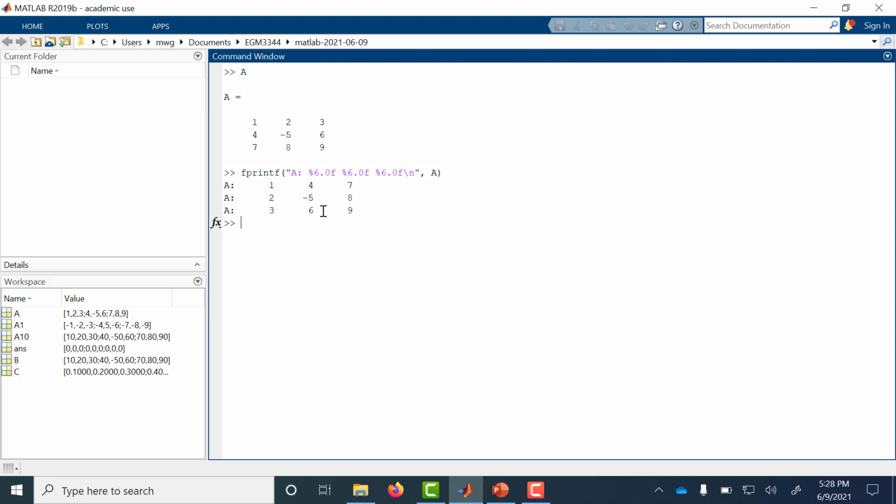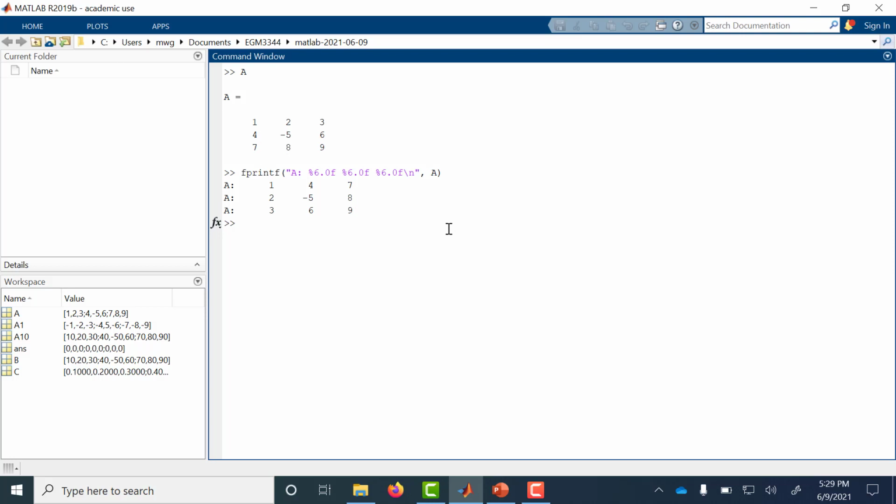But you know what? It actually prints a 3 by 3, but it's the transpose. The reason is that Matlab stores things in column format. Its memory is stored as 1, 4, 7, so that when I print out 3 floats, it actually prints out the column first.